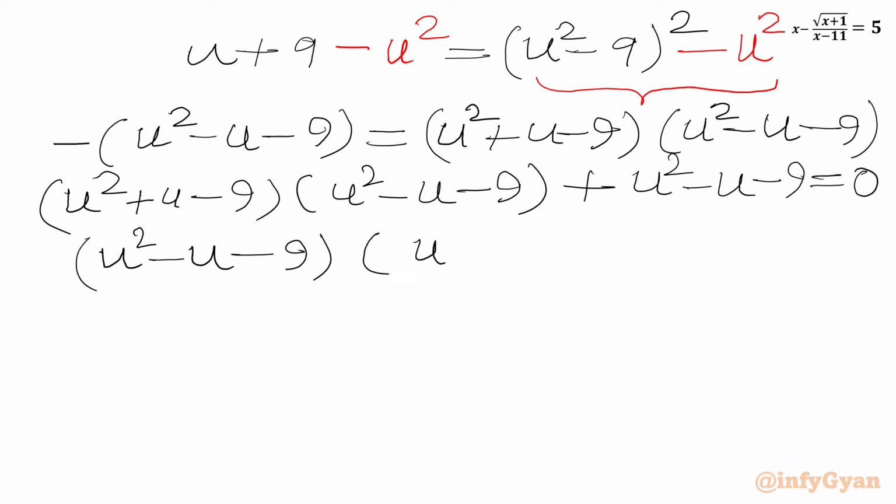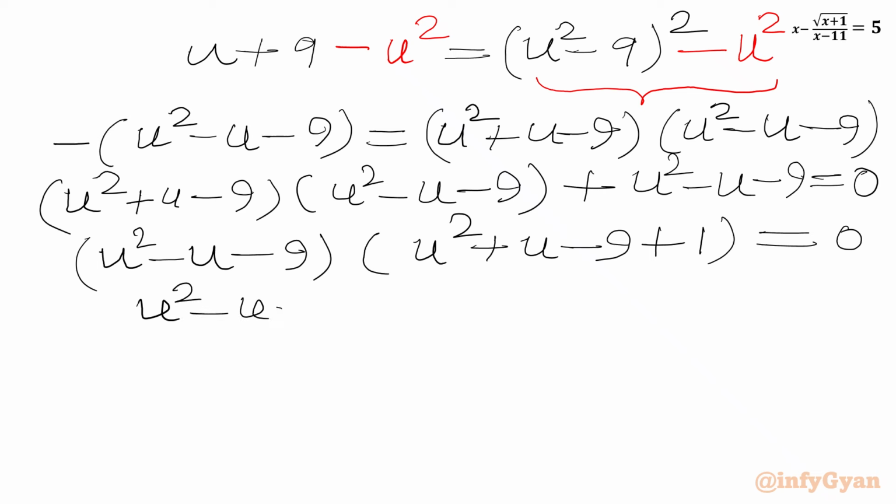So in the other bracket we will write u² + u − 9 + 1 equal to 0. Or we can write (u² − u − 9)(u² + u − 8) equal to 0.